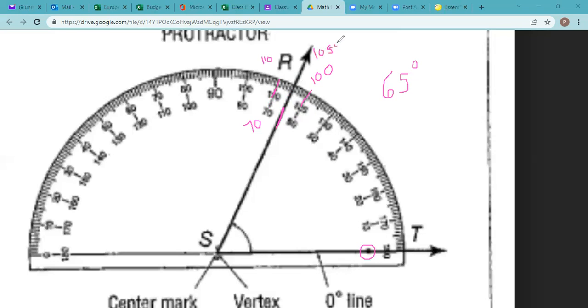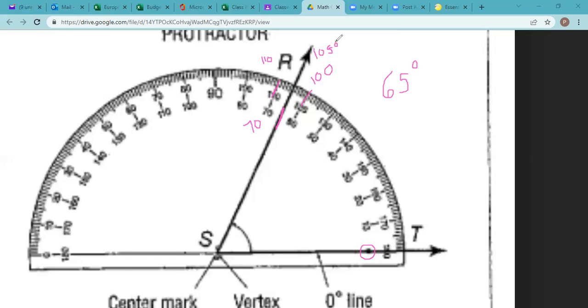So here's the thing. Is this angle 65 degrees or is it 105 degrees? Well, our backup way to tell is look at the angle. It is a little angle, right? It's not a huge angle. It's not an obtuse angle. It's an acute angle because it's such a cute little angle. All right.